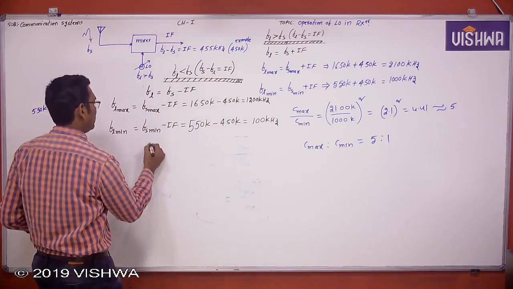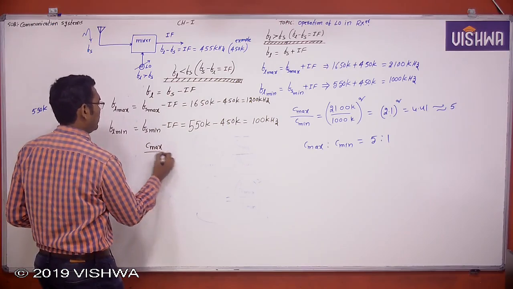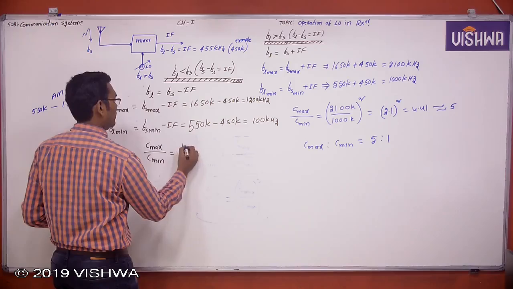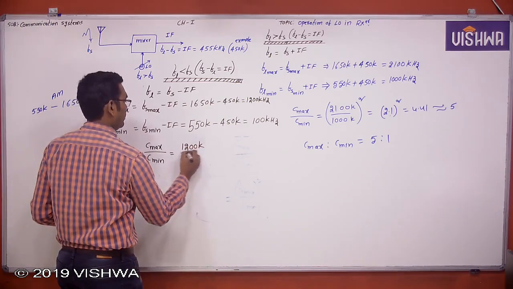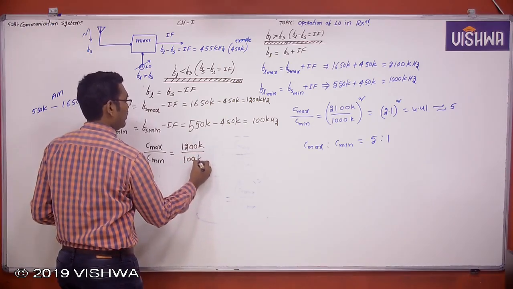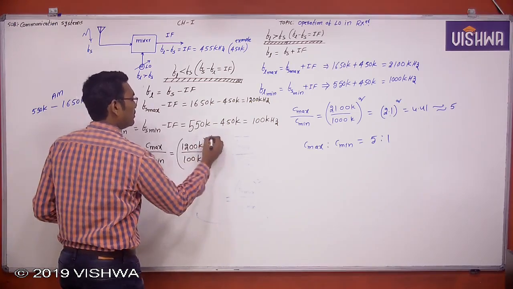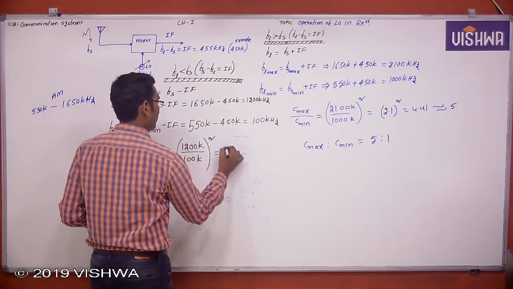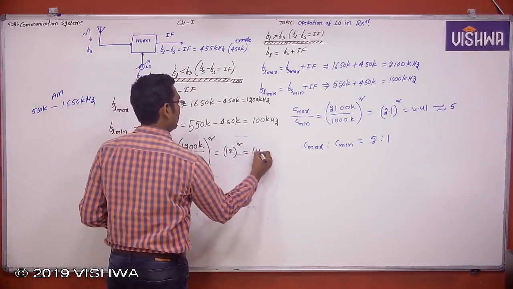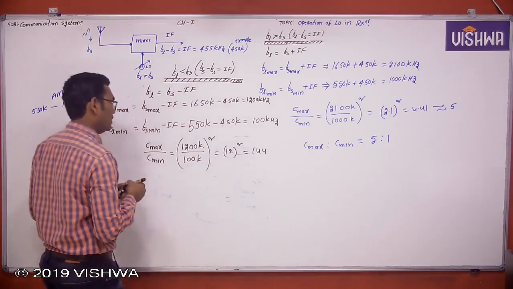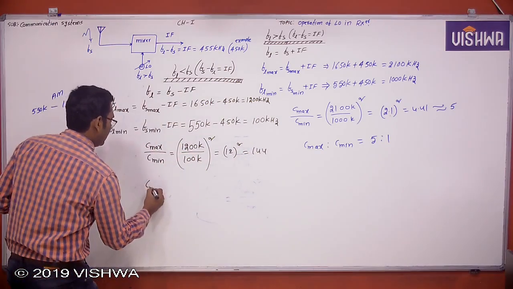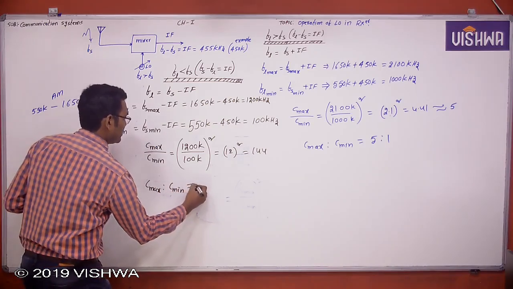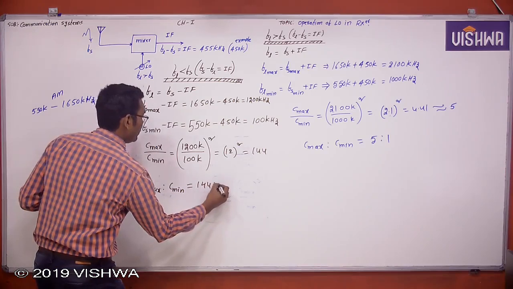So what is the maximum to the minimum capacitance ratio? It is 1200 kilo by 100 kilo whole square, which is 12 square, which is 144. So the maximum to the minimum capacitance ratio is 144.